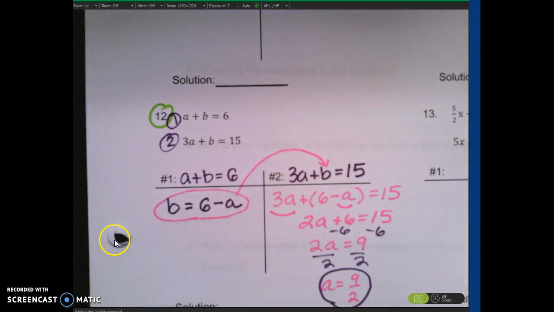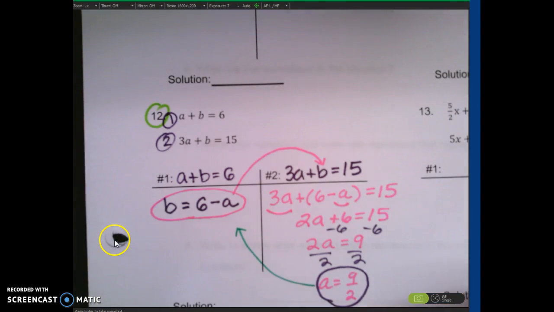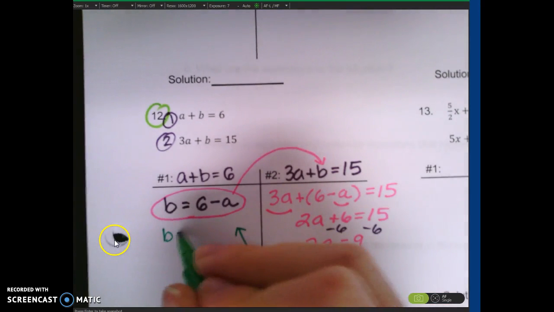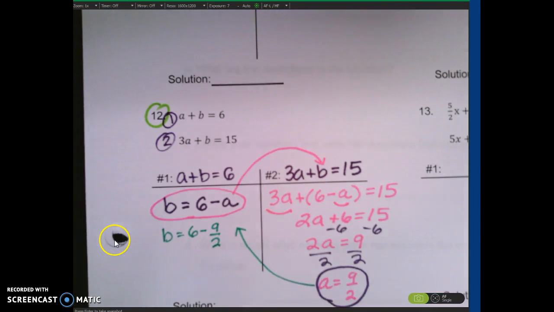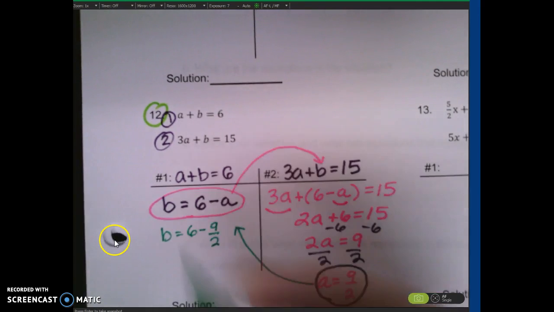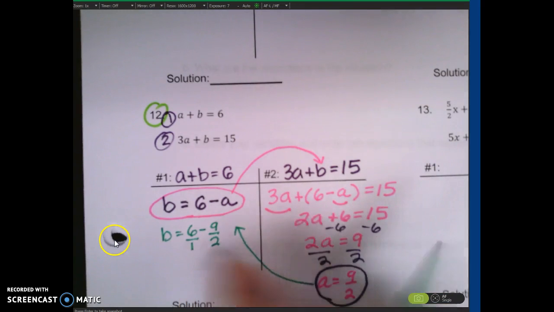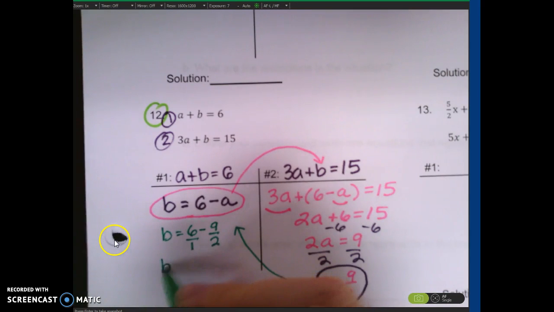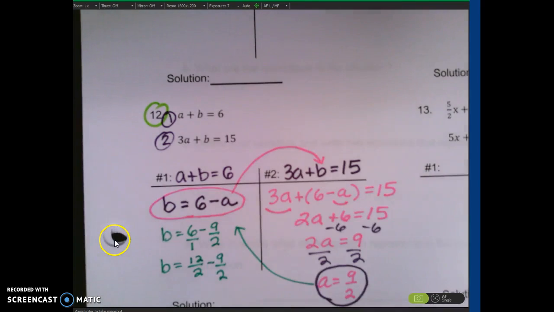Because now we're not done, we have to go back up and solve for B. B is equal to 6 minus 9/2. When I look at this, I know because I'm a mathematician that 6/1 needs to have the same denominator. So I know B is equal to 12/2 minus 9/2.